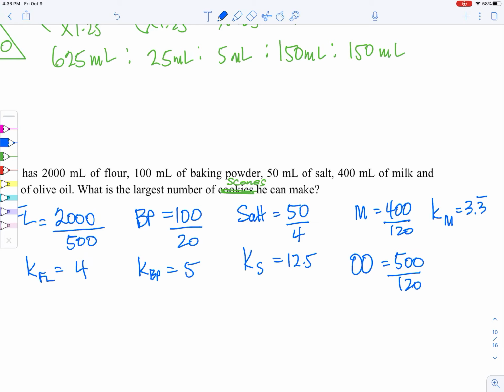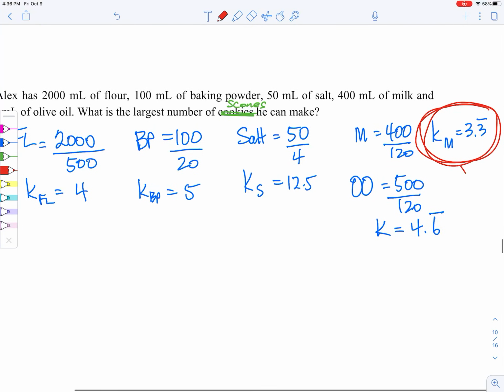So when we divide that, we get that K is 4.666, so 4.6 repeating. So when we look at all of these, the lowest scaling factor is for the milk right here. And that means we only have enough milk to make 3.3 batches.